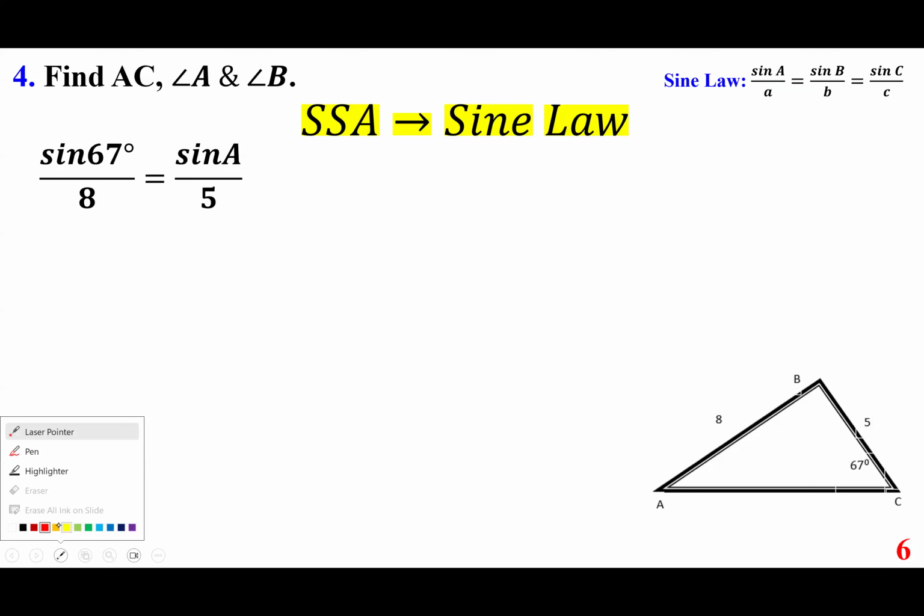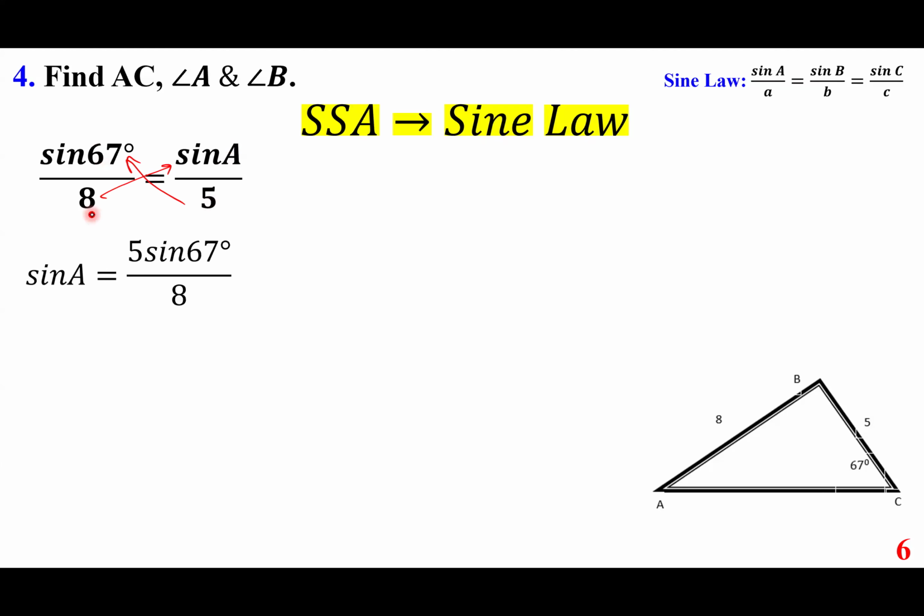Cross product means sine A is 5 sine 67 divided by 8. Now you put that into a calculator, it results in 0.5753.